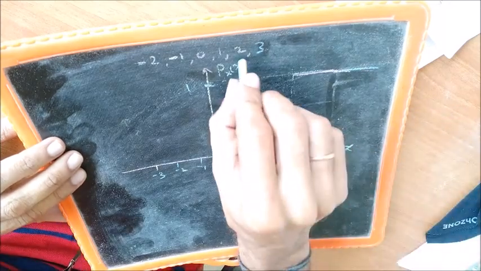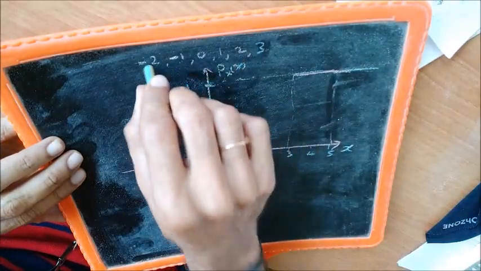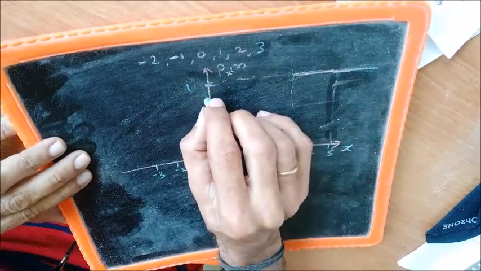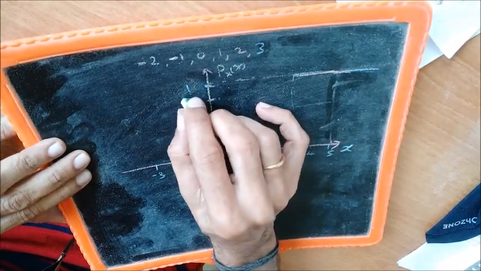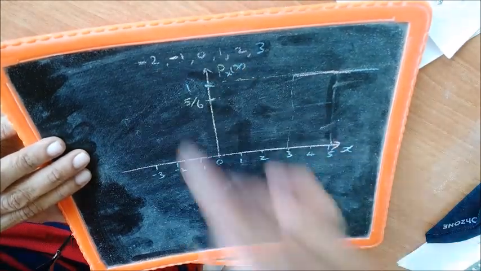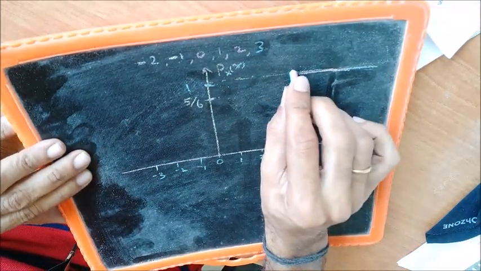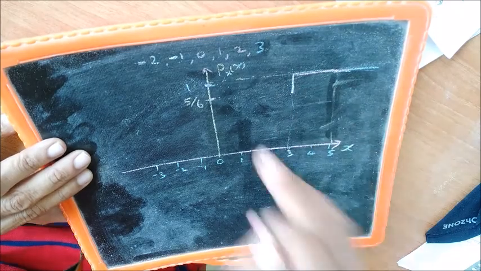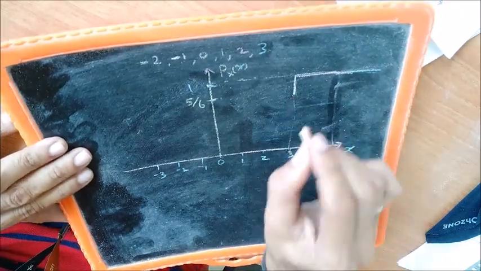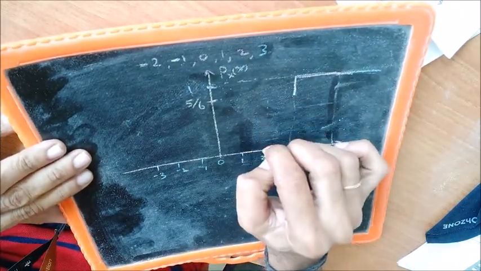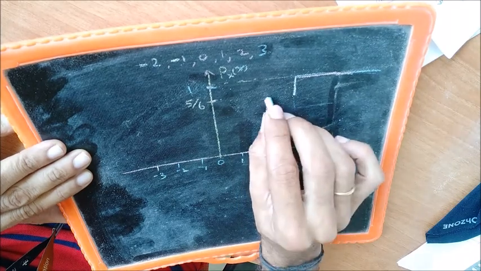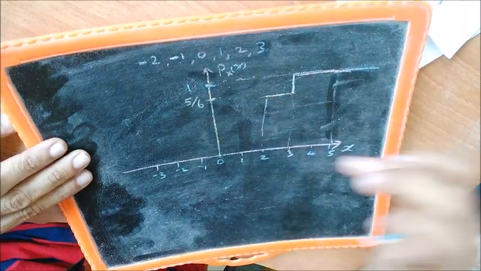So you have to get either 2, 1, 0, -1 or -2, and the probability of that happening is 5 by 6. So the moment you cross over here, it jumps to 5 by 6, and it remains so till you reach 2.